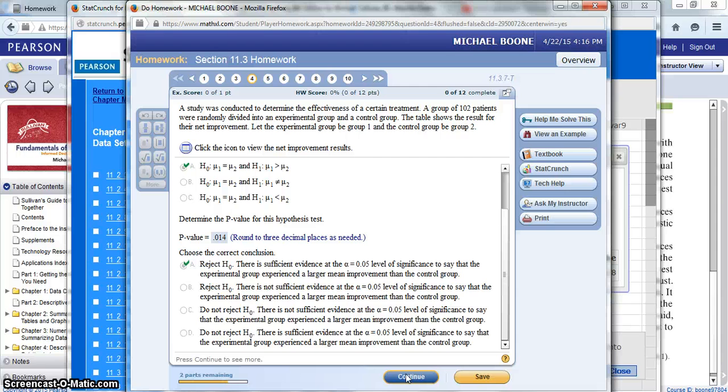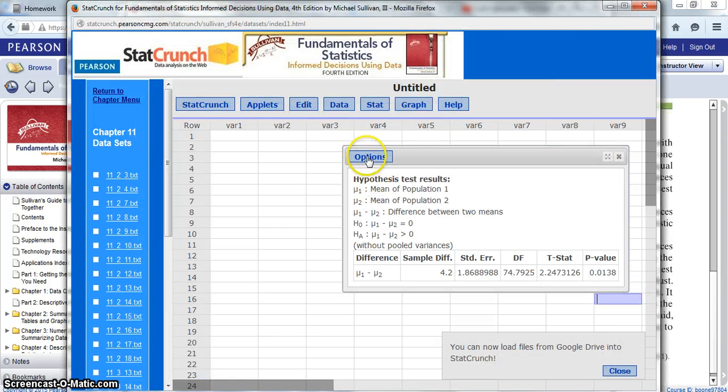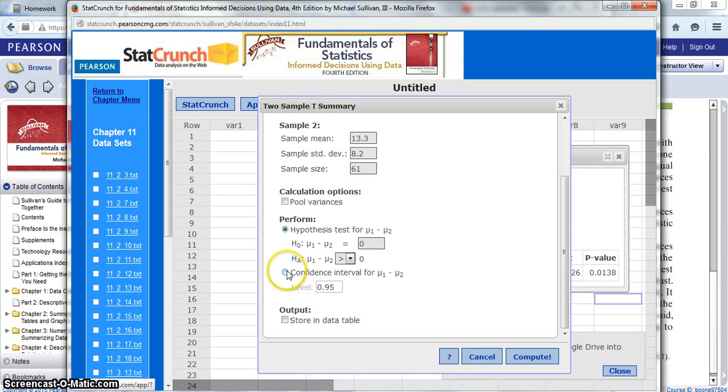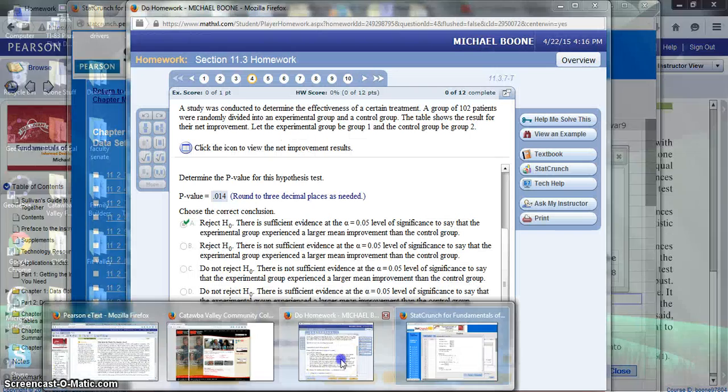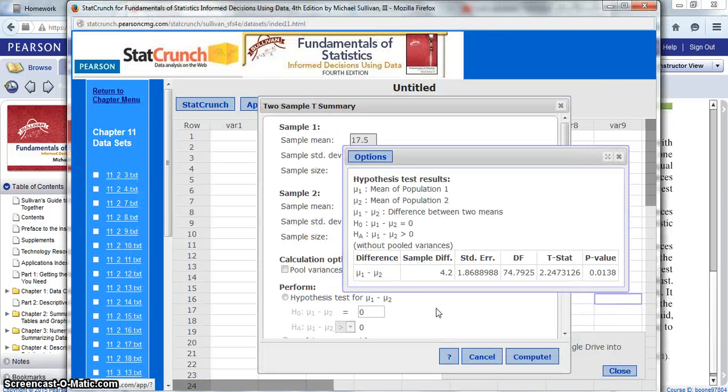Let's see what else they got for us. Make a confidence interval for this one. So again, I'm going to go back to my data. I'll just edit this, and now I'm just going to click on a confidence interval. Right, so I have all my data in there, and let's check out our level of confidence: 95% confidence. That's what we had.